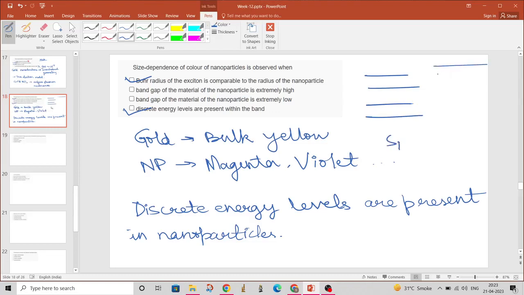For other size, the energy levels will be maybe this much apart, S2. So when the emission happens, we can see different colors because these energy levels are different. The energy gaps are different. So due to the presence of discrete energy levels, we see size dependent colors. And in the bulk material, what happens? It's a band. There are no discrete energy levels, and hence we see only yellow color.